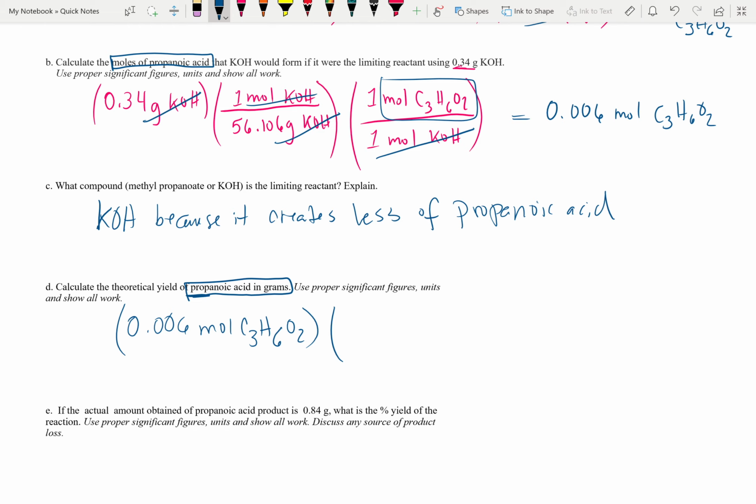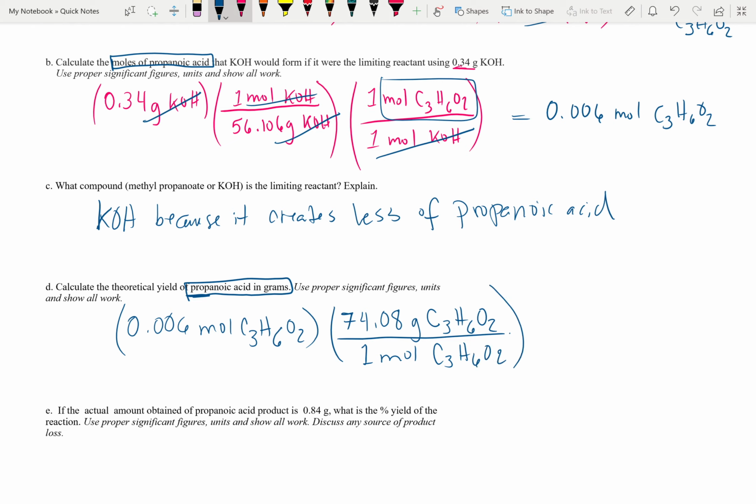So we multiply that by the molecular weight of propanoic acid, which is 74.08 grams of C3H6O2 divided by 1 mole of C3H6O2.